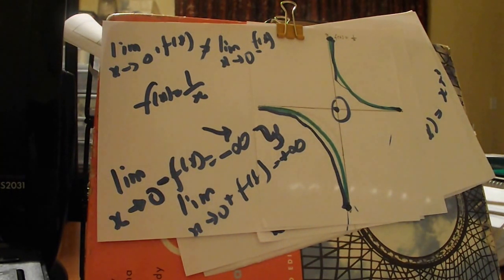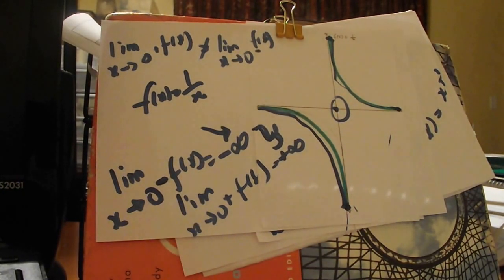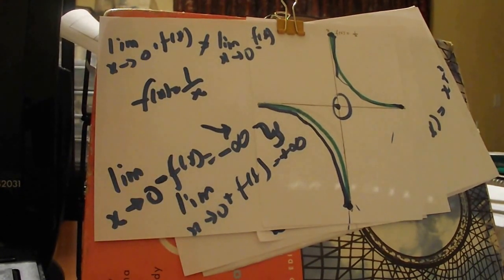Now, you could definitely evaluate limits from a graph, but another way to evaluate limits is doing it algebraically. So take, for example, this limit. You're given the limit as x approaches 2 for f of x.